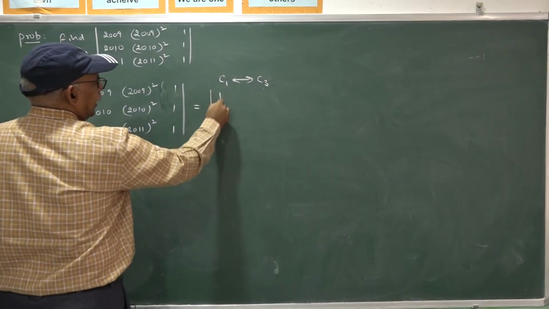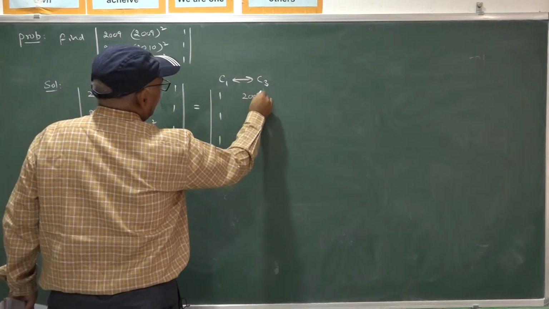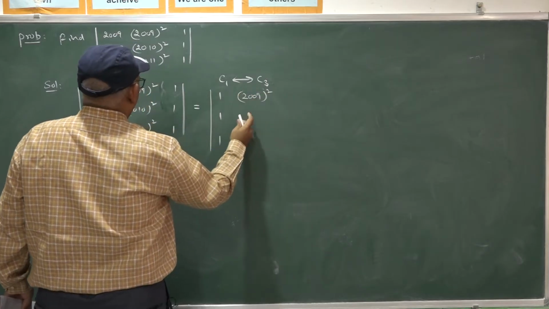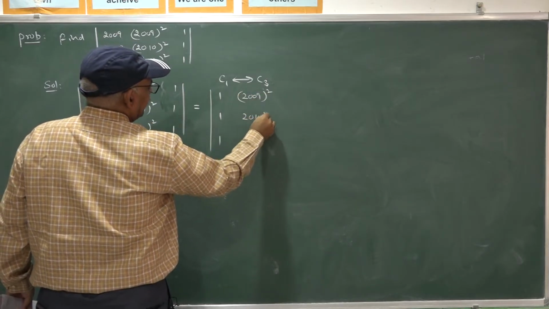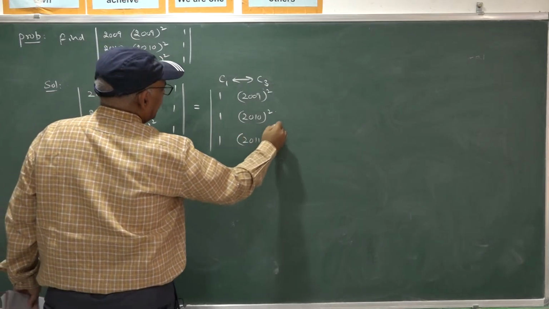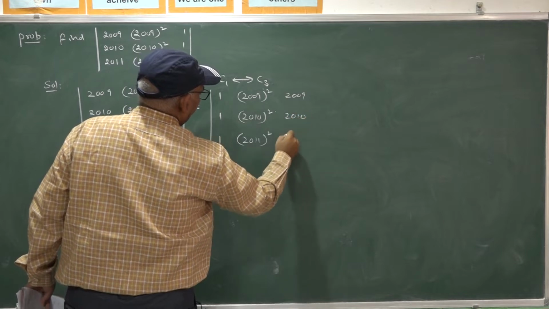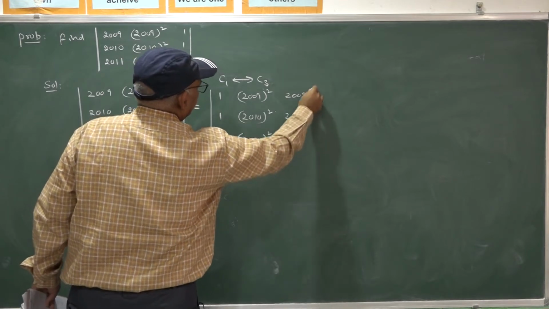We get 1, 1, 1, 2009 whole square, 2010 whole square, 2011 whole square, 2009, 2010, 2011.